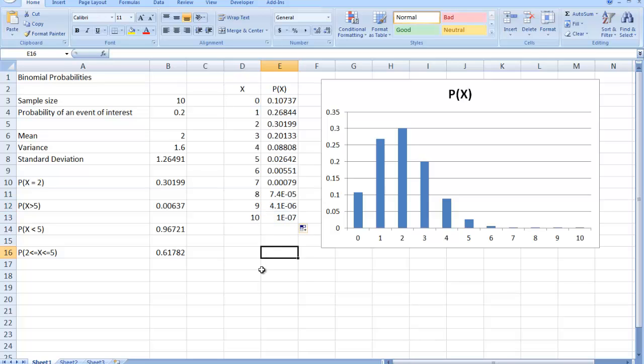That's the only thing that you might have to adjust. Based on this sample size, you may have to increase your x and your probability of x. You might also want to increase the series that's plotted on the chart as well so that you can see the shape of it. Thank you very much.